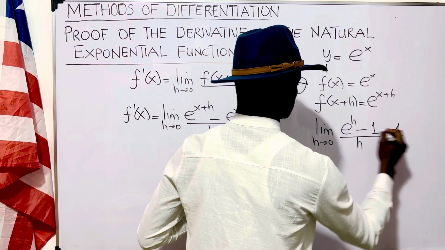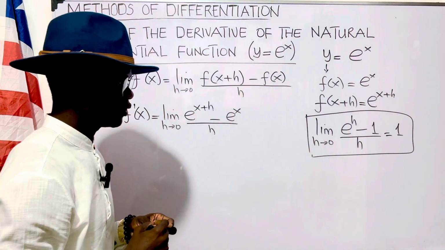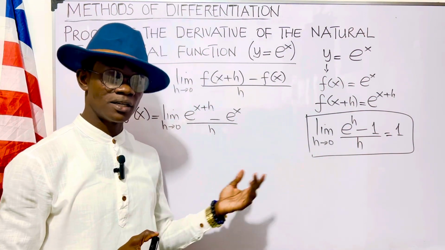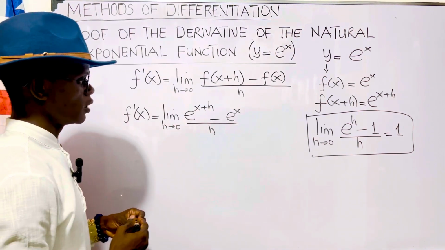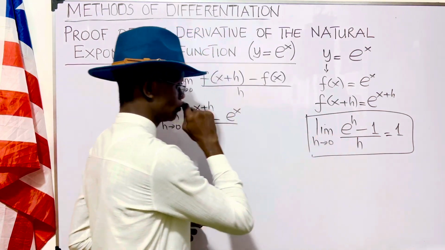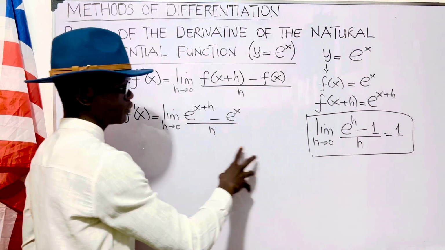We proved that this is equal to 1. If you have some doubts on the limits, you can check our previous lessons. Based upon this standard limit, we want to rewrite this limit such that we can bring in this standard limit.